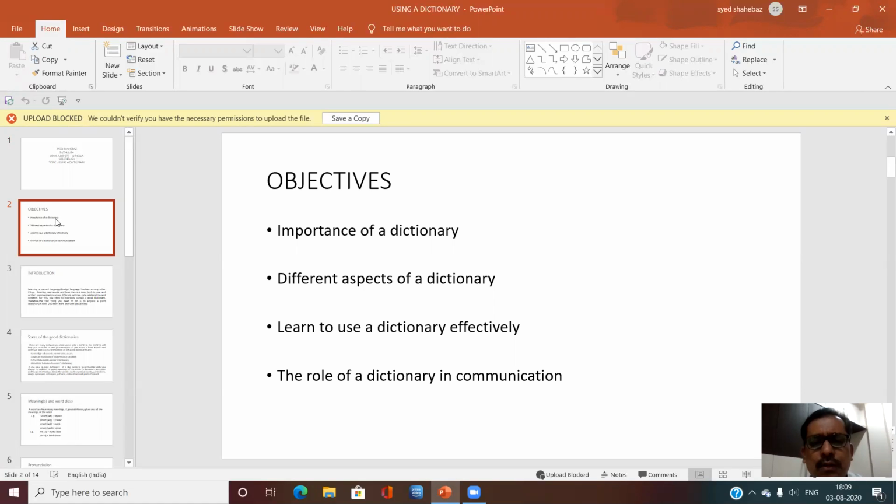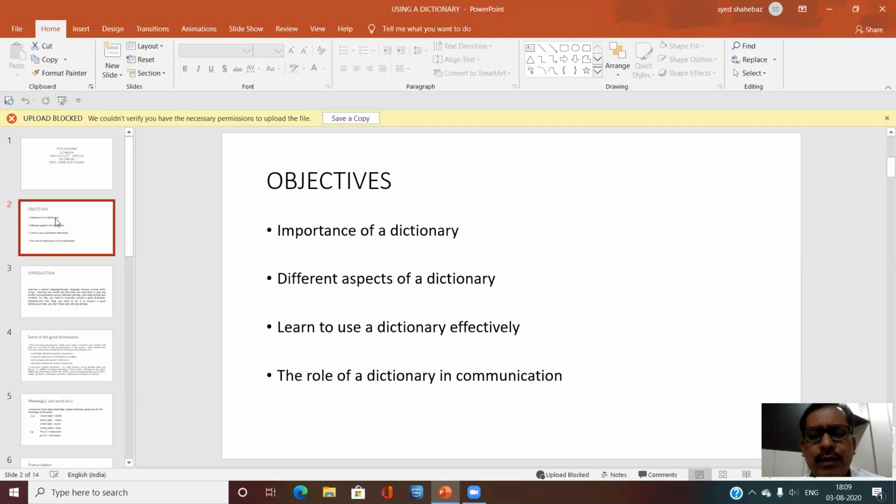As a tool in learning a language, a dictionary plays a very important role. And how to use this dictionary effectively to the maximum extent. Then the role of a dictionary in communication.